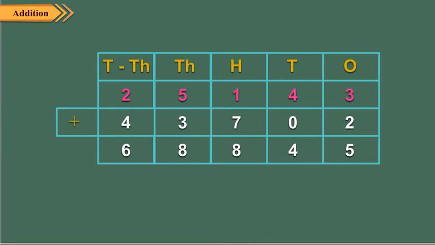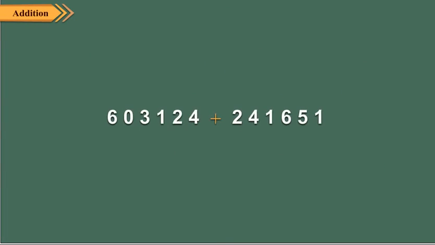So 25143 plus 43702 is equal to 68845. In the same way, we add 6-digit numbers. Keep in mind, we always start adding from extreme right or the ones place.